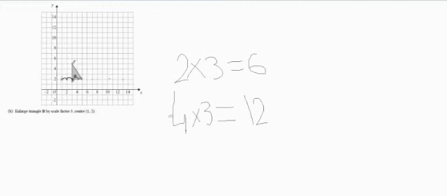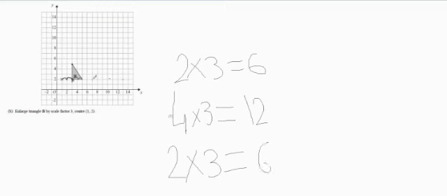Now let's give this point. It has a space of 2 blocks right and 3 squares up. 2 times 3 equals 6.